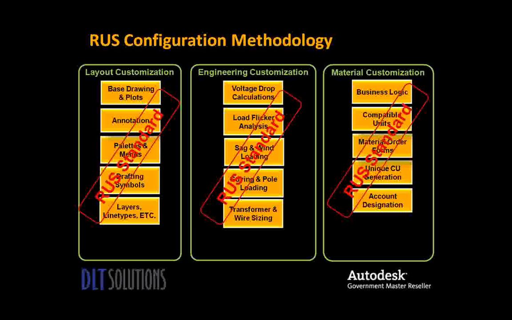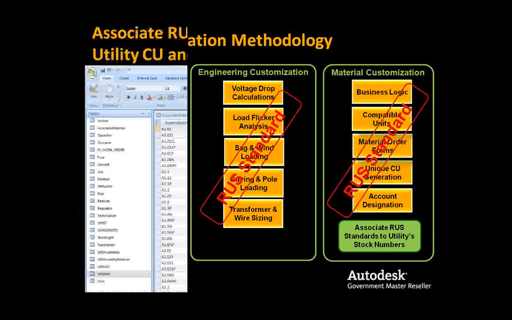What we have to do is associate those compatible RUS standards to your individual utility stock numbers or compatible units, because everybody's different. You may be building to an RUS standard, for instance an A5.1, but you have individual stock numbers that fit that. So that's where we associate the two.